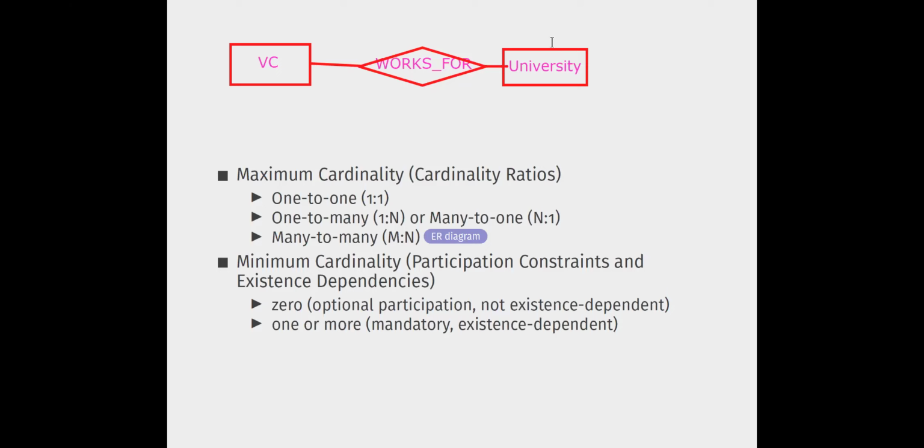Usually works for one, right? One to one. Exactly. The maximum is one. Take a university. Sometimes a university might not have a vice chancellor, but the maximum vice chancellors you can have is one, right? So the relationship should be one-to-one. Okay, good. I think you are getting it.